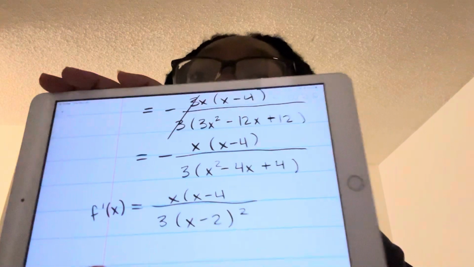So in the denominator, we'll end up having 3 times x minus 2 squared. And then we still have x times x minus 4 in the numerator. And that's as much as I can factor it. So that is going to be our first derivative.